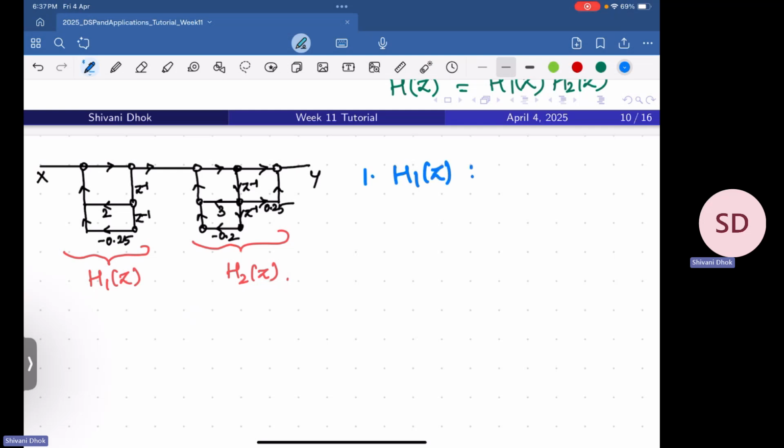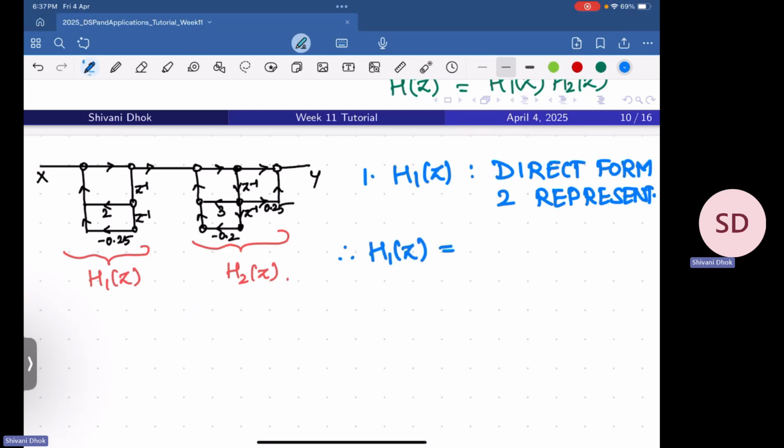If we observe carefully, this is a direct form 2 representation. So, as we had seen in the previous class, we can directly get it. The first part here corresponds to the denominator and the remaining part corresponds to the numerator. In the numerator there is no scaling, so it is simply 1.